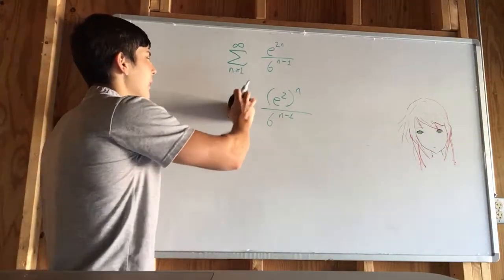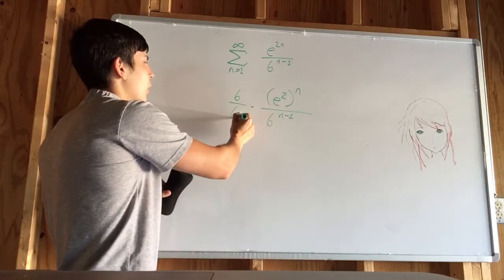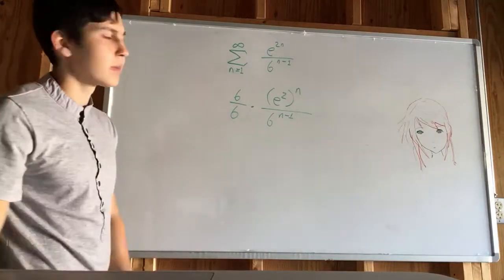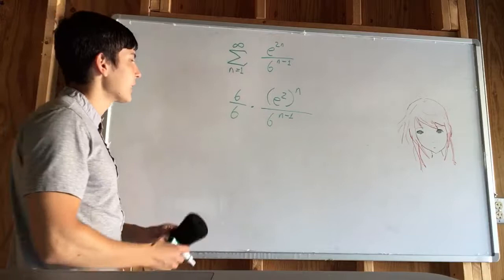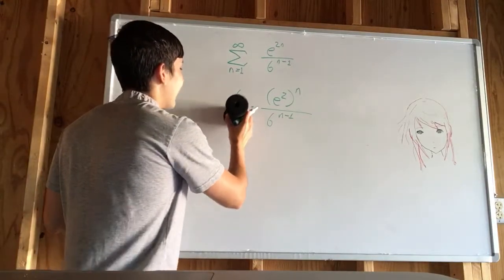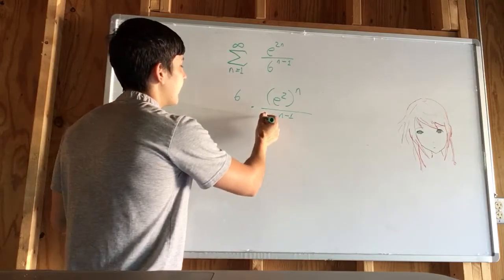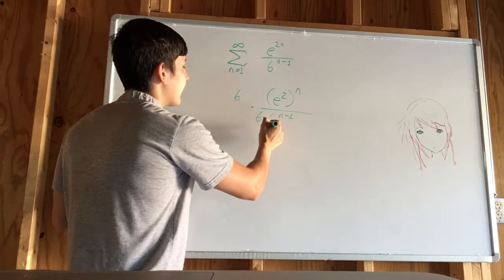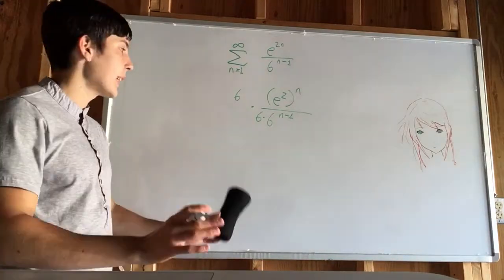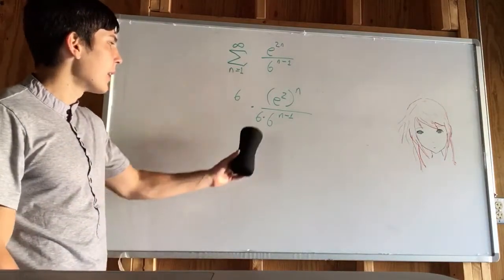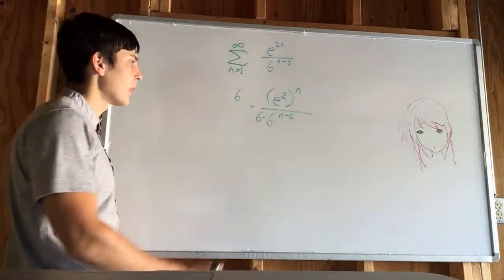And 1 can be written as 6 over 6, right? And 6 over 6 is the same thing as having 6 there and the 6 there, right? Still the same, haven't changed anything. Now what happens when we actually multiply these?